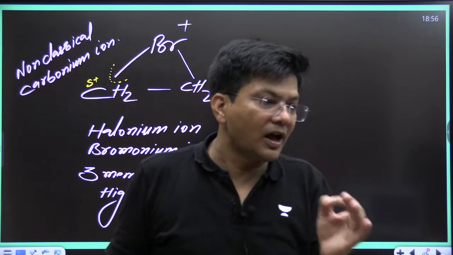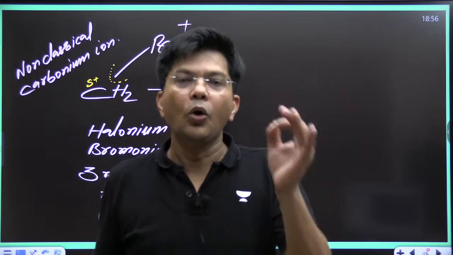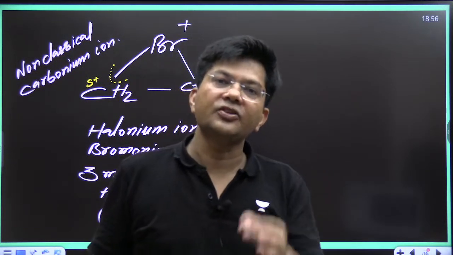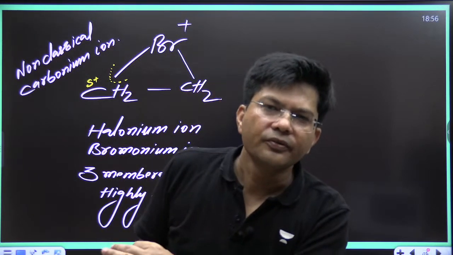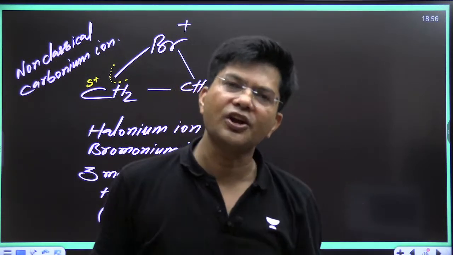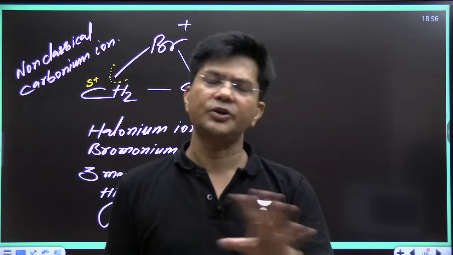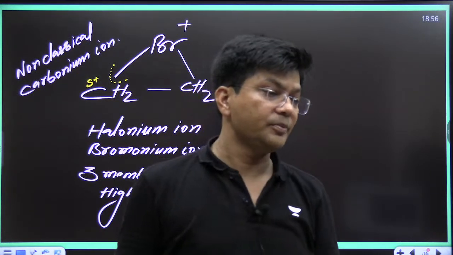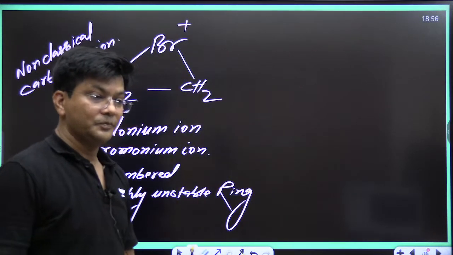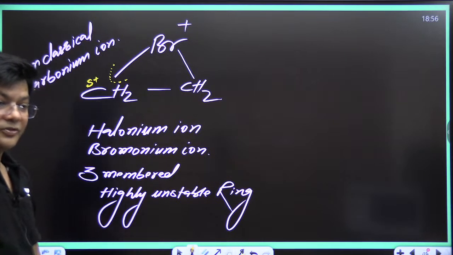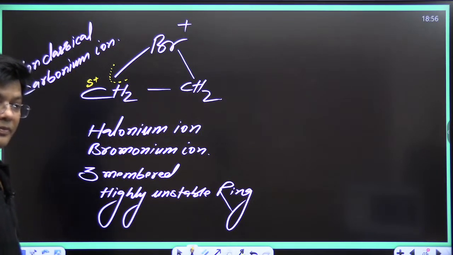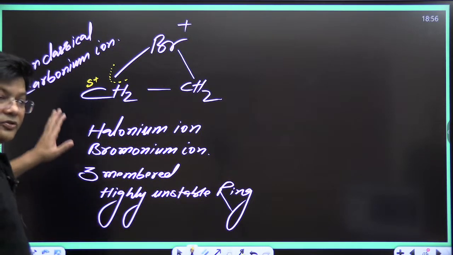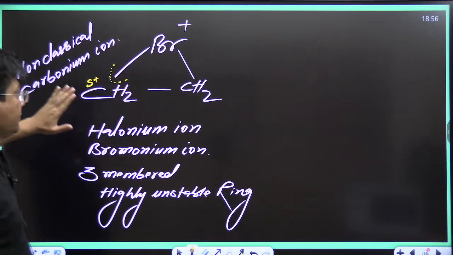So in non-classical carbocation, the charge is enough to attract the nucleophile, but not enough for rearrangement to take place. Kids, everyone, are you getting my point? My dear friends, are you able to understand now?